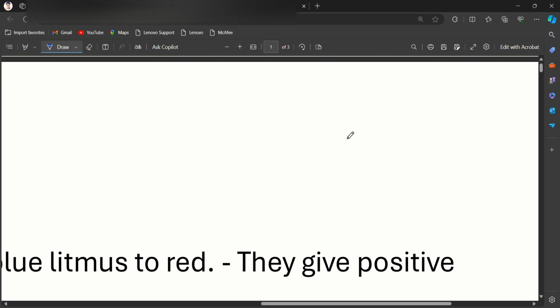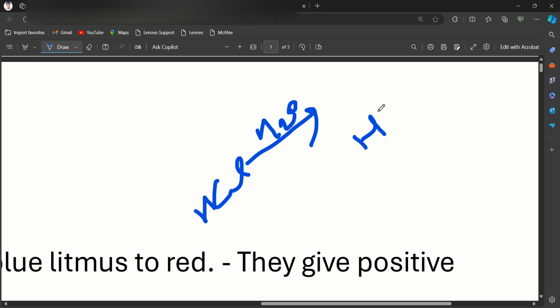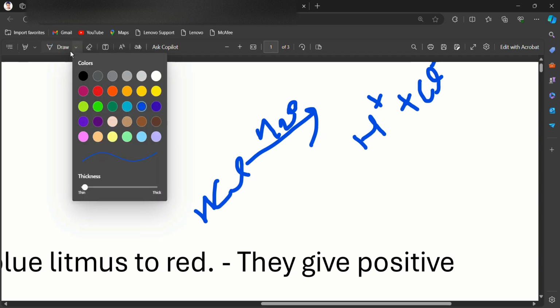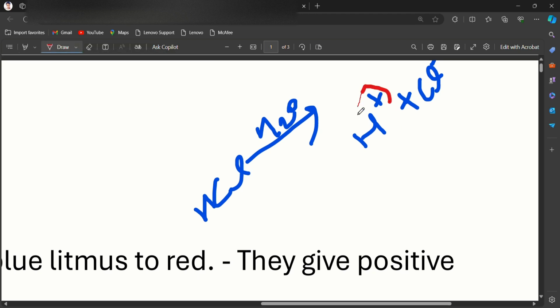If we talk about HCl and we dissolve it into water, then what will we get? Then we will get H+ ion plus chloride ion. So you can see that we are getting this H+ ion here. This will specify that we have an acid.